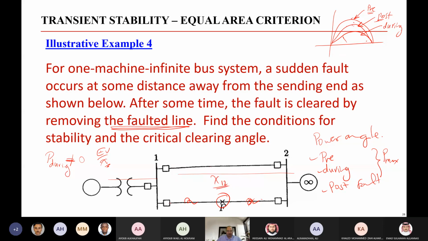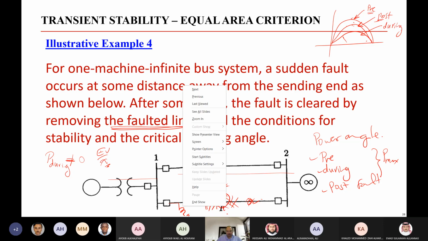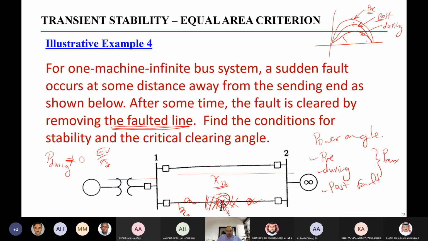If this is the fault here, this is connected to the ground. So this impedance with the impedance of the line and with this impedance, these impedances are Y connected. You convert from Y to delta, so you can get the transfer reactance between E and V.